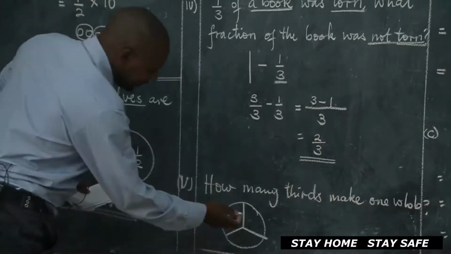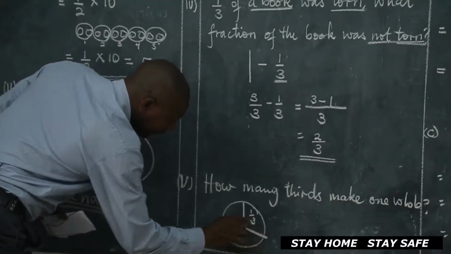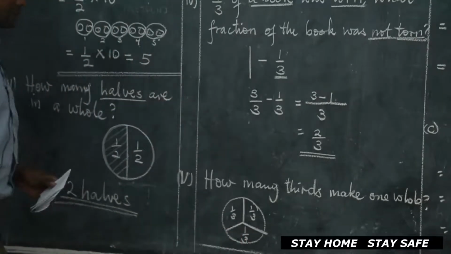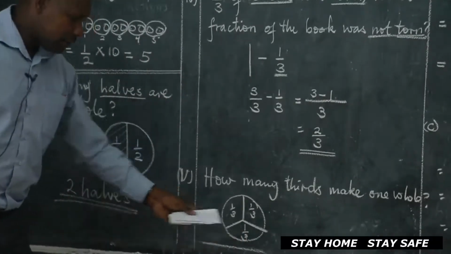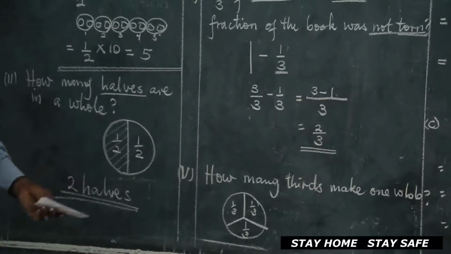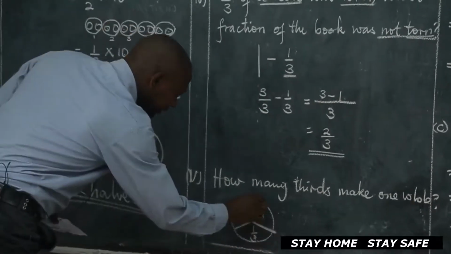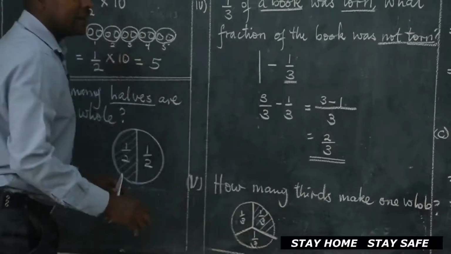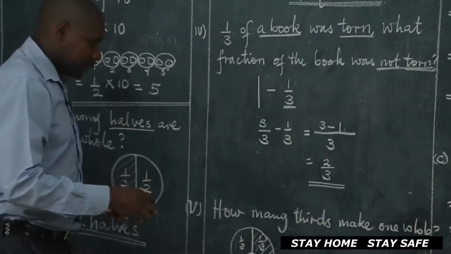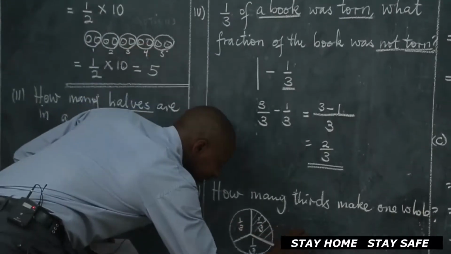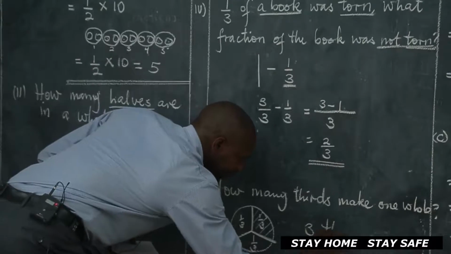To make sure that at least this is a third, this is a third, this is a third. And somebody comes here, how many thirds are here? I think everybody is able to tell. If this is 1/3, 2/3, 3/3. 3/3 means a whole. So you just count 1, 2, 3, and we shall say these are 3/3.